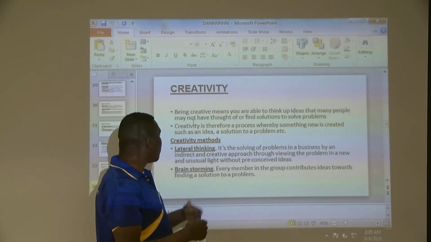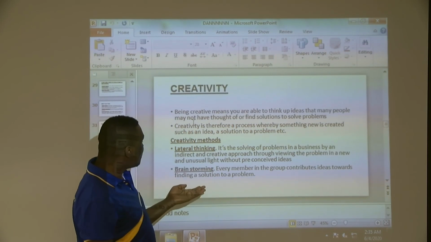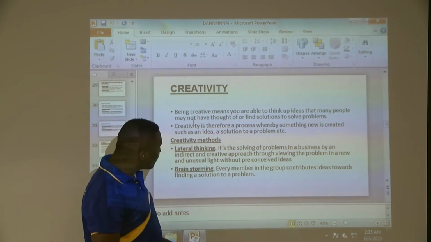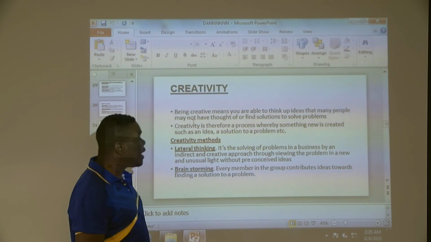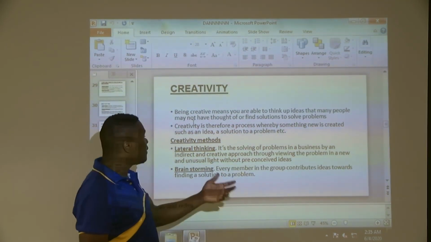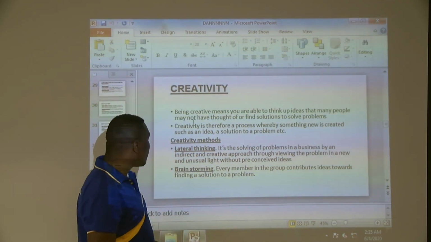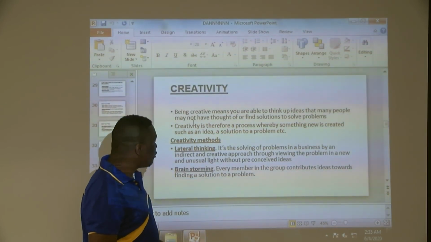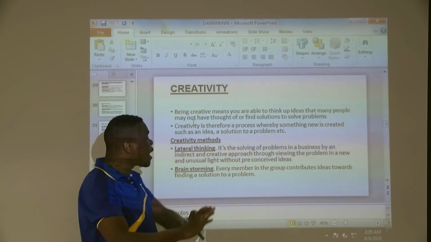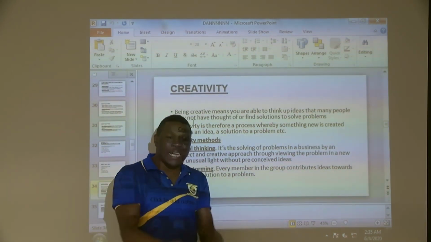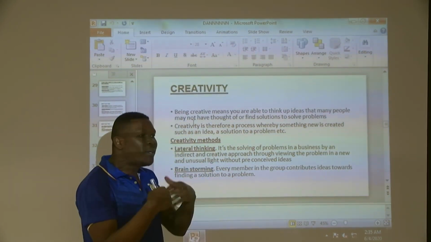Now, having looked at what creativity is, let us look at the creativity methods or the types of creativity. The first one is lateral thinking. It's the solving of problems in a business by an indirect and creative approach, through viewing the problem in an unusual light without preconceived ideas.